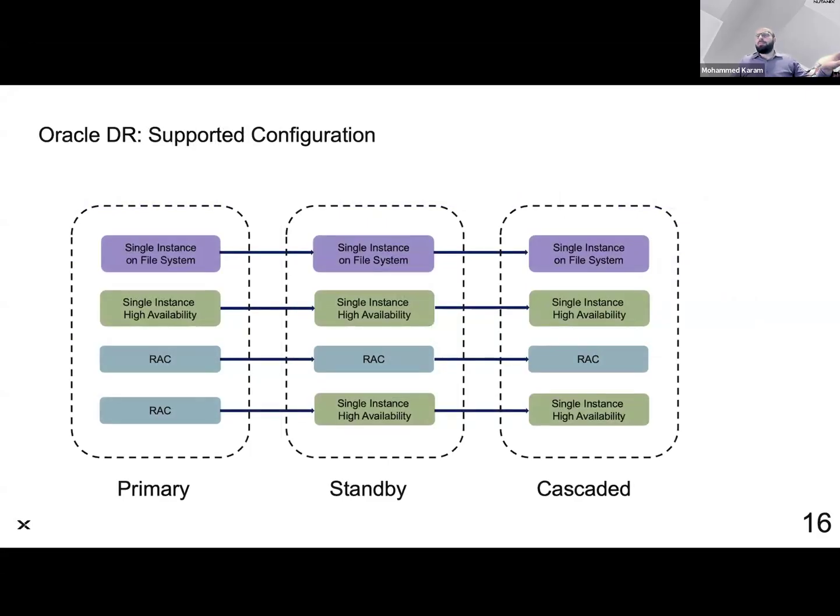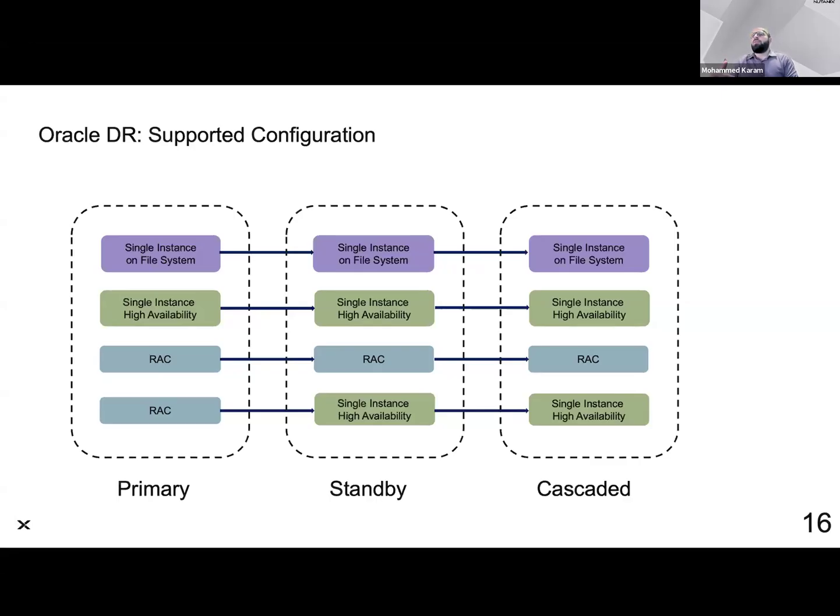Perfect. So I mentioned the fact that we can go all the way up until a cascaded configuration, but within those layers or tiers of a disaster recovery configuration, multiple types of Oracle databases are supported within specific configurations. So for instance, if your primary starts off being a single instance database, then the standby is also constrained to be a single instance database, as is the cascaded system.